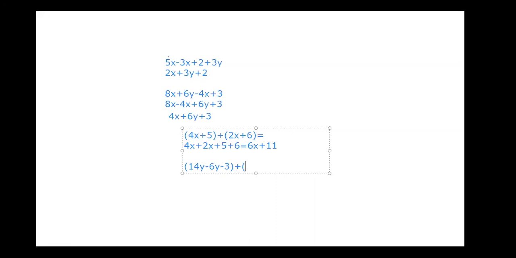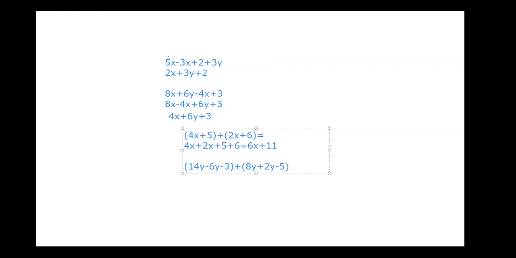We're going to go 8y plus 2y minus 5, and then parentheses.